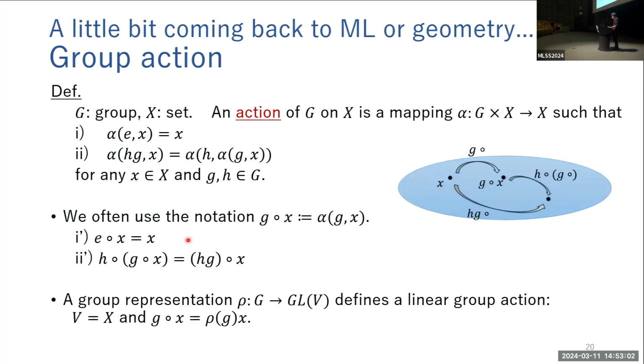In that sense, if we apply the identity element, then X is fixed. And if we multiply G and H successively, this is simply the application of H and G. That is a very simple idea: the matrix and the vector, for example, are a special example of an action.